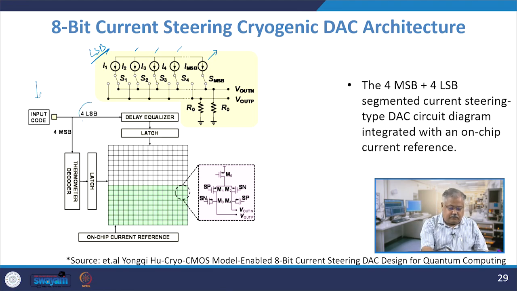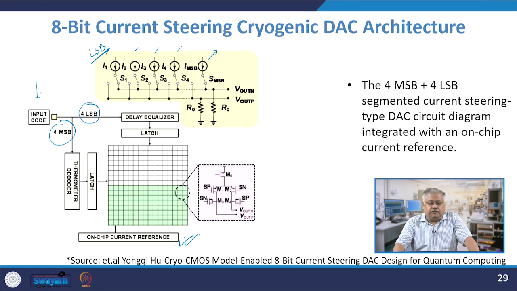So, we have 4 LSBs and 4 MSBs, then you do latching, and with an on-chip current reference, which primarily means that you latch the current source available at each of the bits, and then they are integrated on-chip current reference sources. Now, typically this is a 4 MSB plus 4 LSB segmented current steering DAC output which I am showing here.